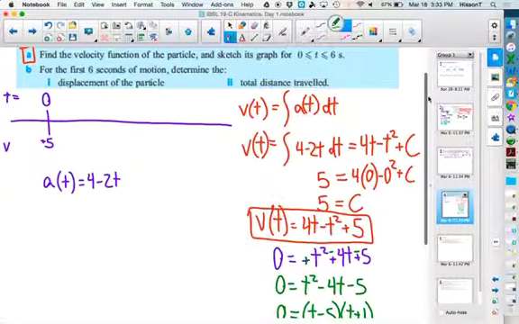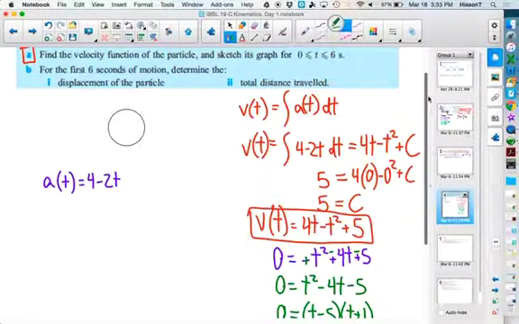Do I need to make separate intervals for displacement, or do I need to make separate intervals for total distance? Which one is it? Come on guys, you're like comatose here. Hey, I would have answered the question. I had my hand up.